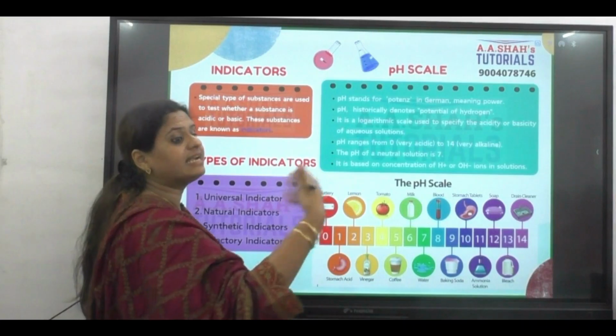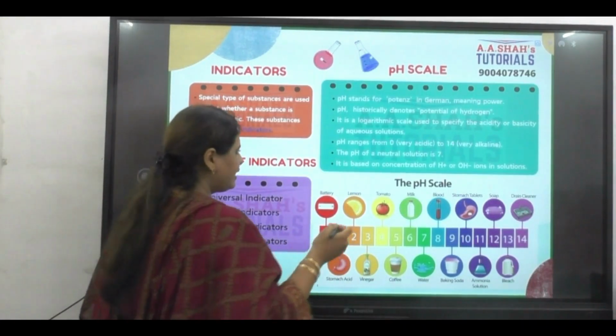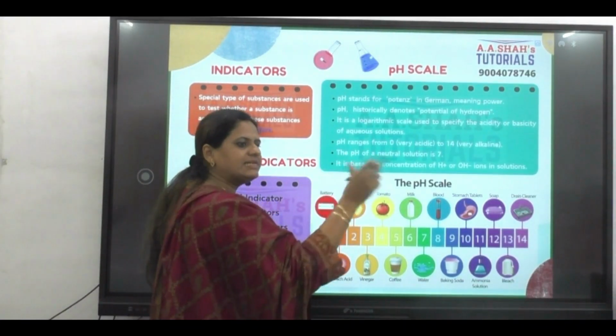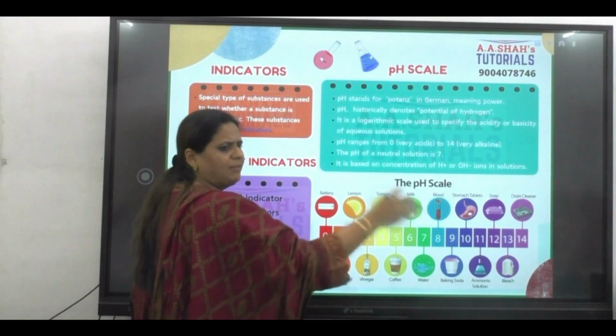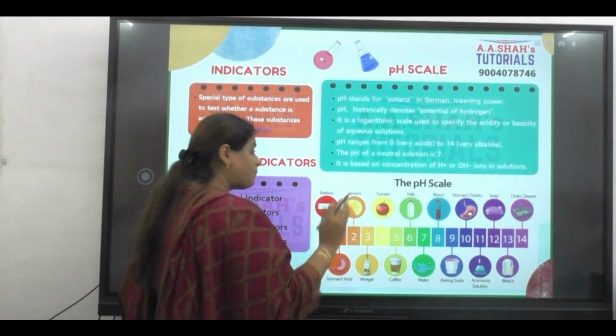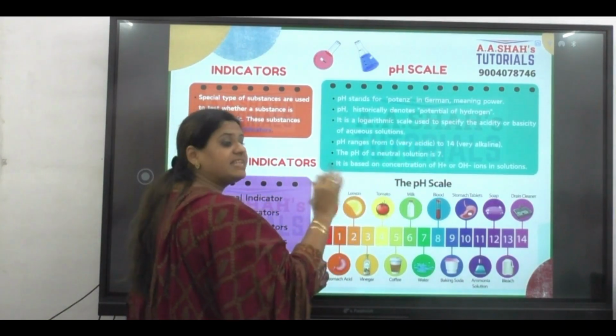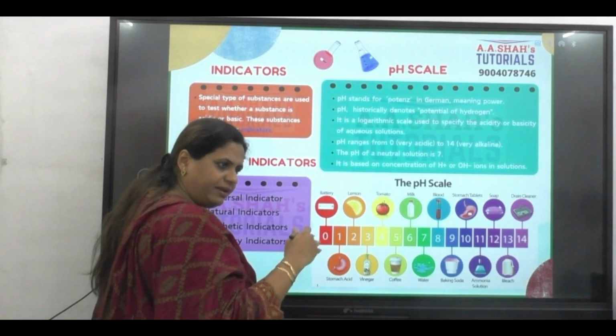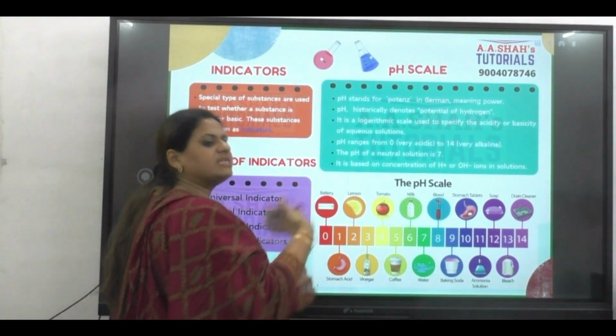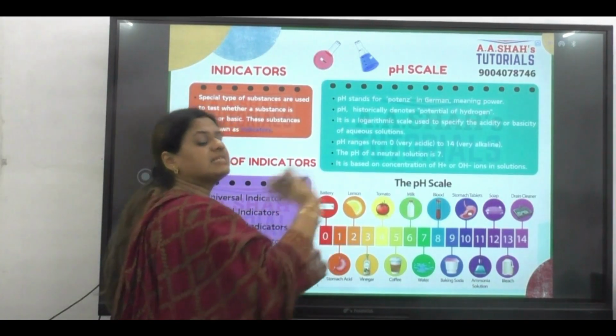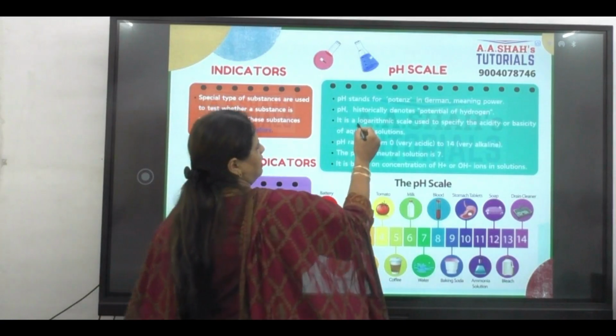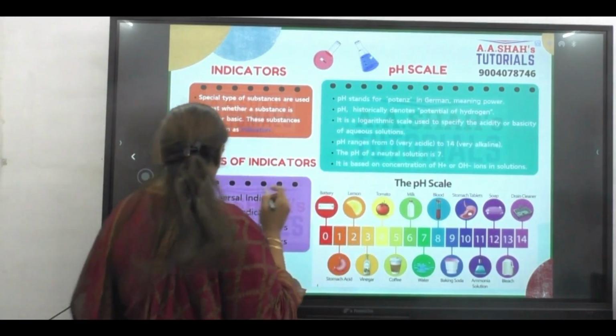So it increases at a much higher level. A linear scale increases at the same rate, but in a logarithmic scale the percentage change is very high. It's 10 times. If it's a scale of 2, it's double. Scale of 3 means 3 times. So it's a logarithmic scale, which is used in pH.